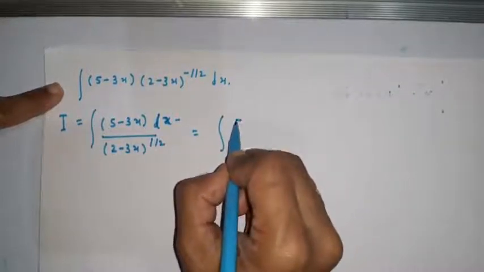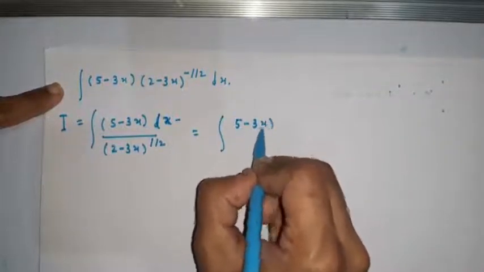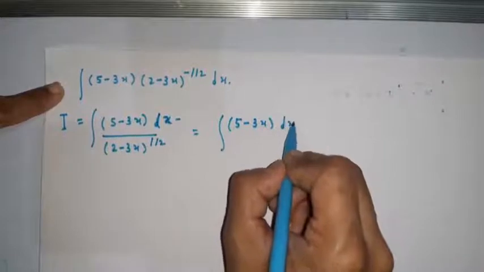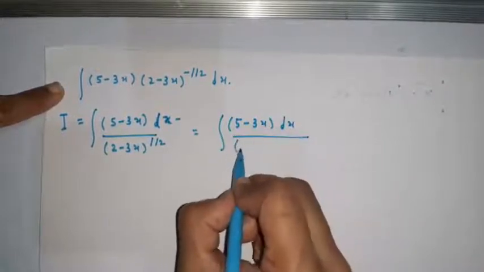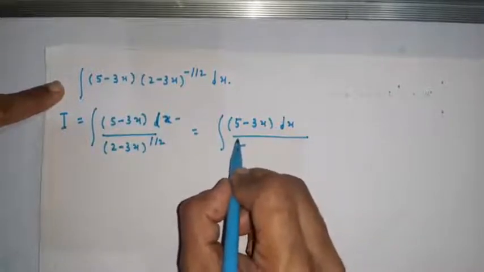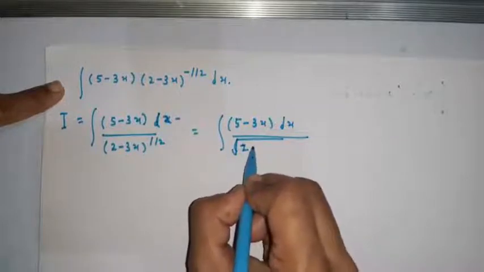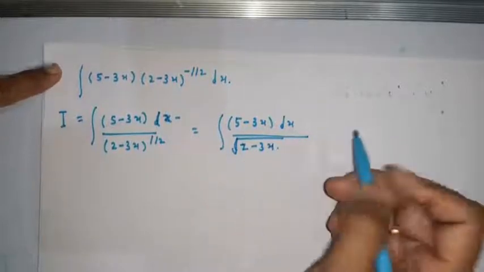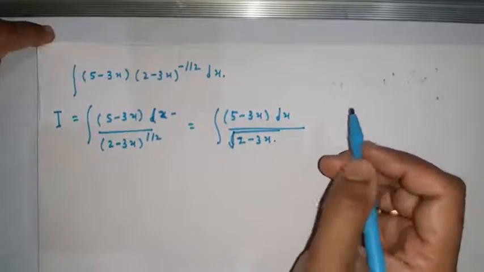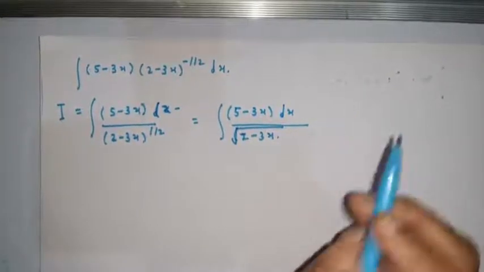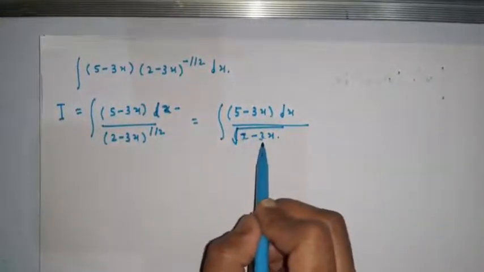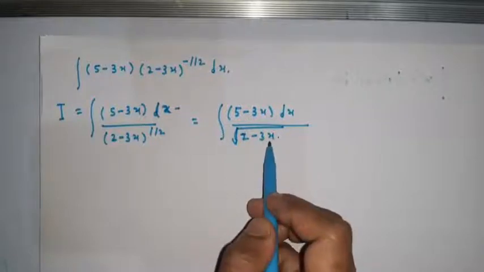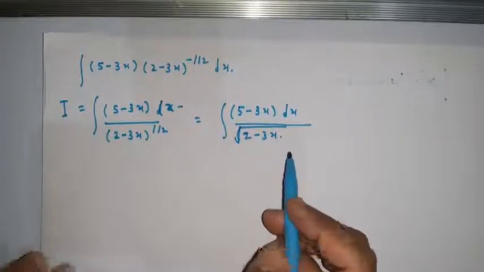Hence that is 5 minus 3x with respect to x upon the square root of 2 minus 3x. So students, here the square root of 2 minus 3x is the term that we have to substitute.